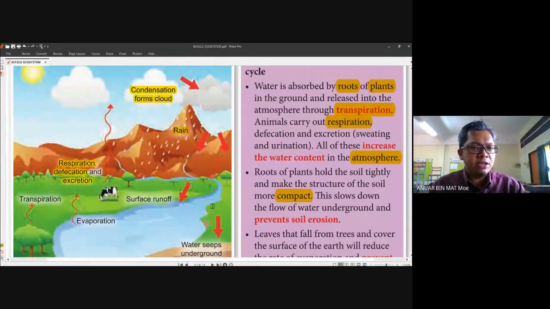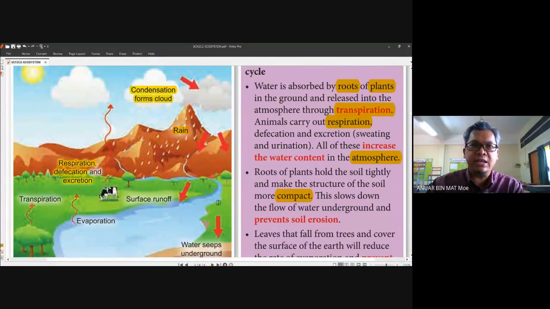Water cannot be destroyed, but it can be changed into different states of matter. Still remember, a different state of matter. From liquid it will turn into gas, and then from gas it will turn into liquid, and in some area, the colder area, maybe the water will form into solid, right? In the form of snow, glacier.